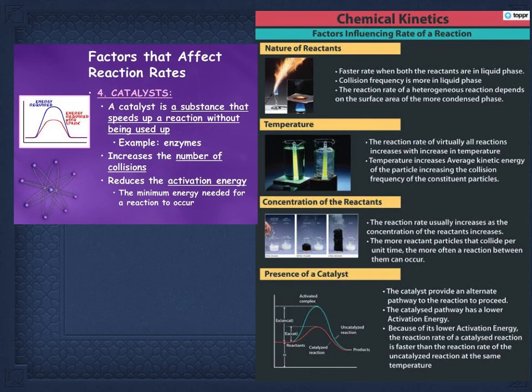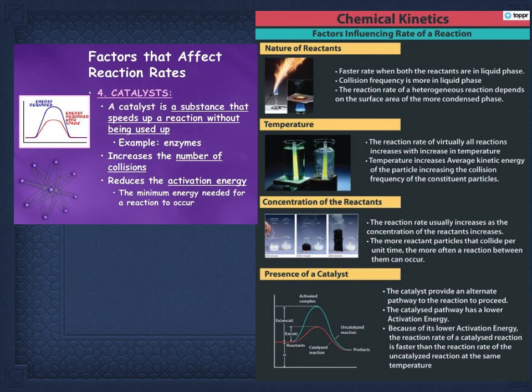So, we can see the summary of the factors influencing the rate of reaction based on collision. Nature of the reactants, wherein the collision frequency is more in liquid phase. Temperature, it increases the average kinetic energy of the particles, increasing the collision frequency of the constituent particles. Hence, the rate of the reaction increases with increase in temperature.